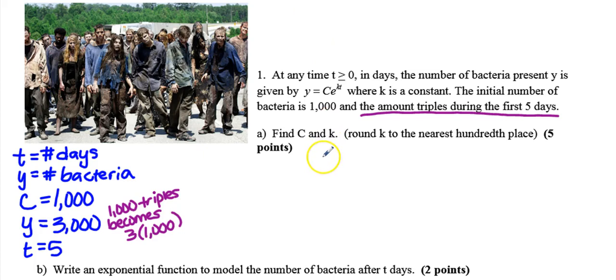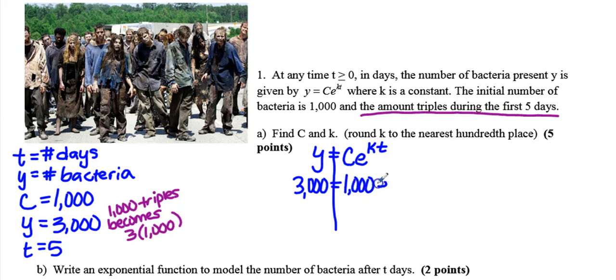Just like we did before, let's start off by writing our general model. Y equals c times e to the kt. And let's plug in what's known. I know 3,000 equals, c is 1,000, e to the k times 5.